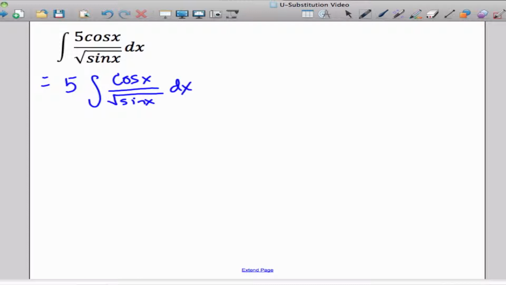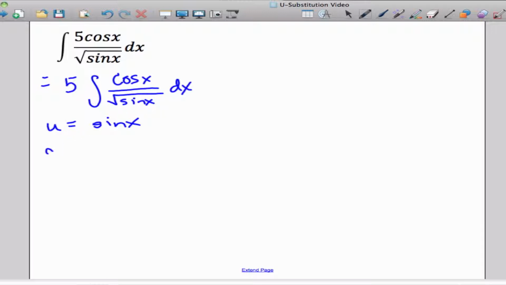Okay, so when we figure out what to do for our u substitution here, remember that we can integrate if we have a u in the denominator, because we can always bring that up to the numerator, but we don't want to have a du in the denominator. So let's see if it'll work if we try to let u equal sine x. Because then we'll have a square root of u in the denominator, which we can certainly deal with.